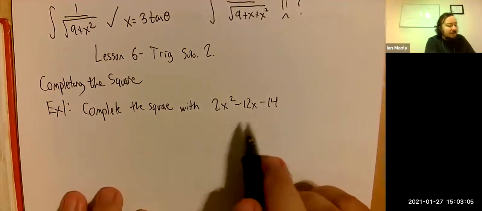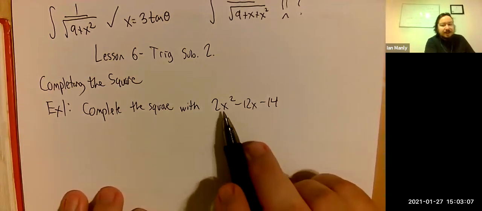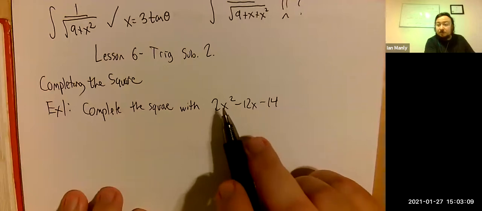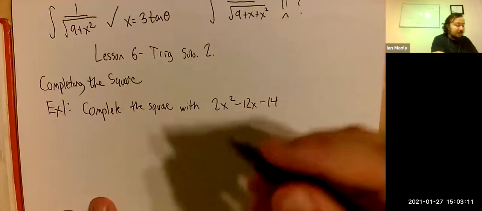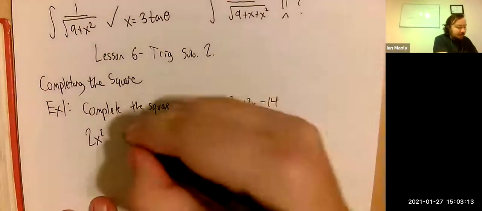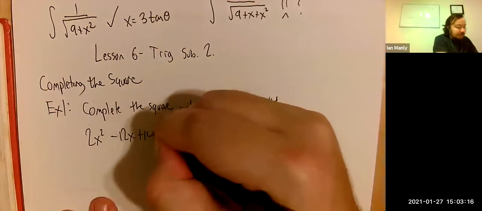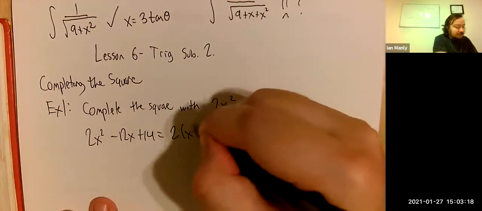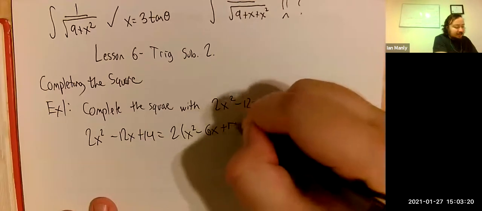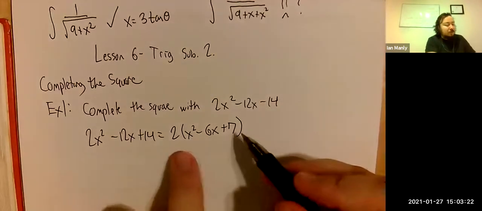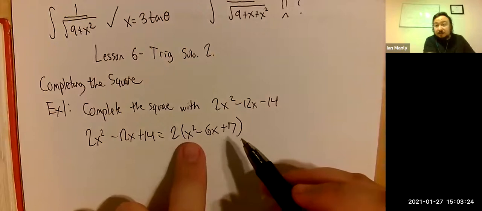The first thing I like to do when I'm completing the square is factor out anything that's in front of my x squared term. So I'm going to write this as 2 times x squared minus 6x plus 7, and I'm going to focus all of my efforts inside this parenthesis.